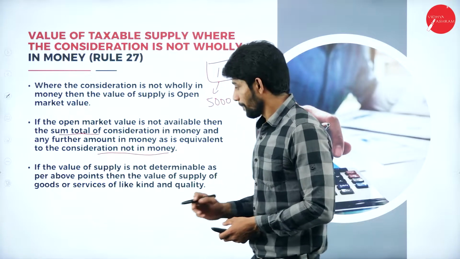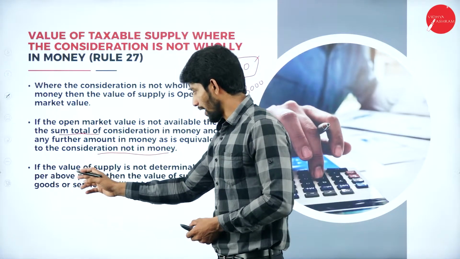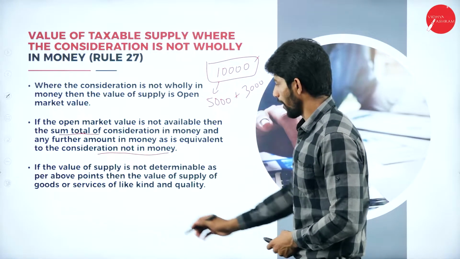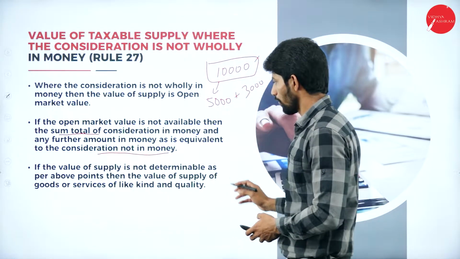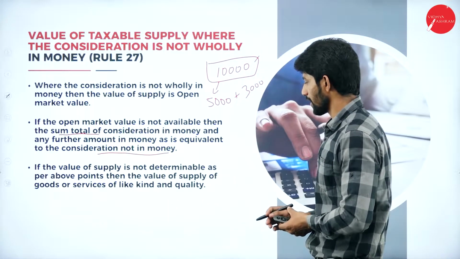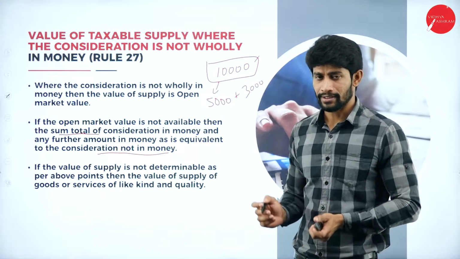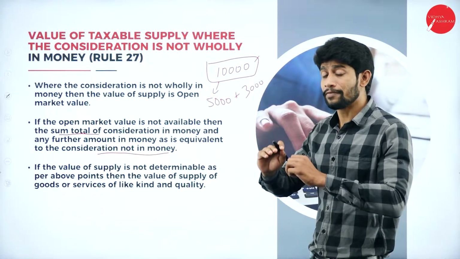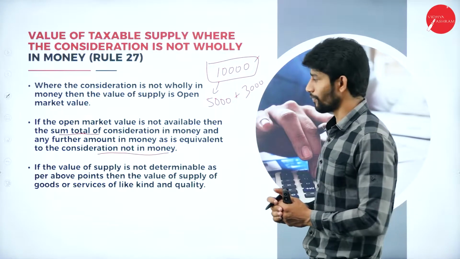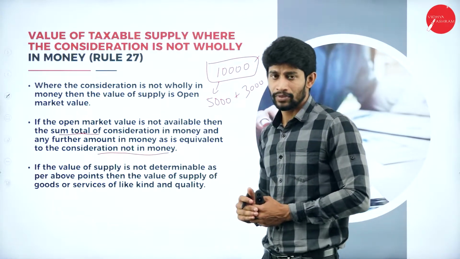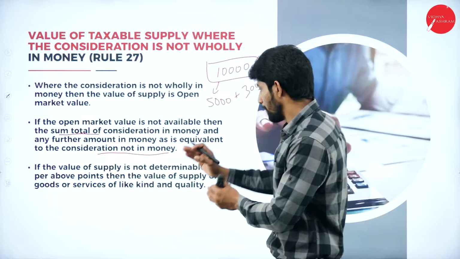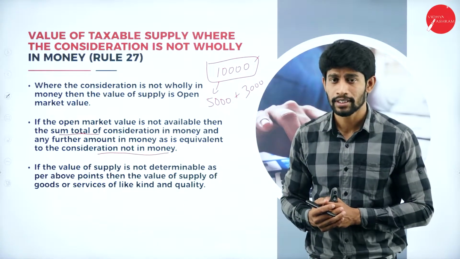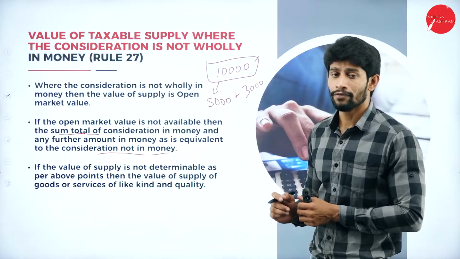Next, the third condition. If the value of supply is not determinable as per the above points, then the value of supply is the value of goods and services of like kind and quality. If the open market value is not available, and it is not possible to determine the value as per condition 2, then the price or value of a like-kind and quality product is the taxable value of supply.